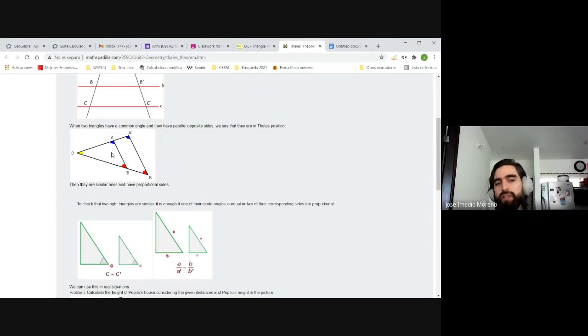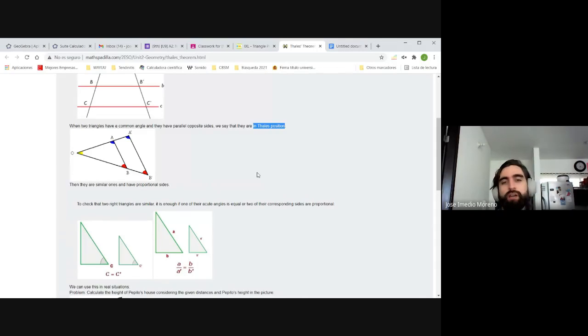This is what we call two triangles in Thales position. That is when two similar triangles are placed in such a way that they share one angle and the opposite side is parallel in both triangles.